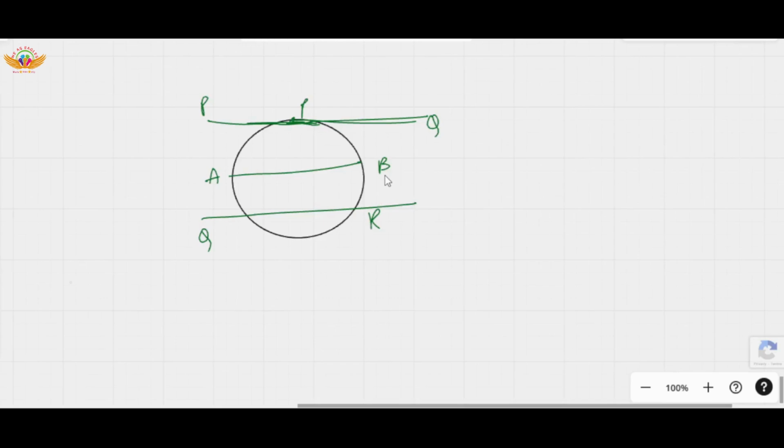They might also ask you 1 mark questions like: if QR is a tangent to a circle with center O at a point P on the circle, and triangle OPQ is isosceles, then what is angle OQP?